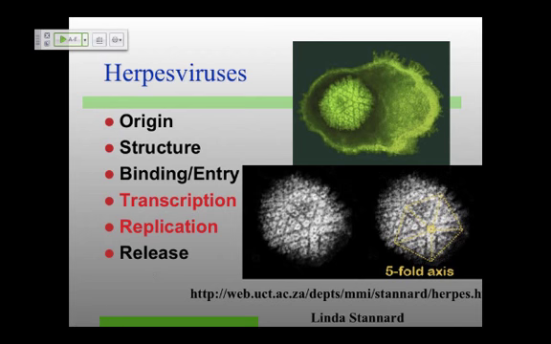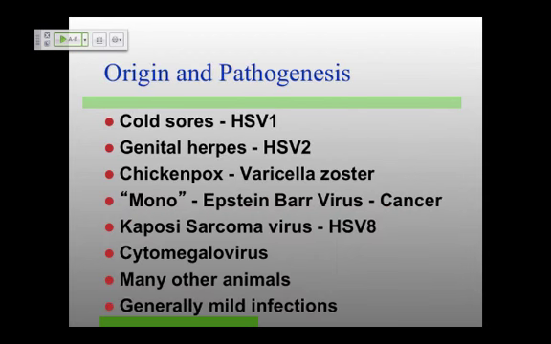So where do they come from? Most of the studies that have been done on herpes viruses have been done on HSV1, also known as herpes simplex virus 1, and so most of the rest of my lecture today is going to be on what's been learned about HSV1 in terms of the genome and how it replicates.